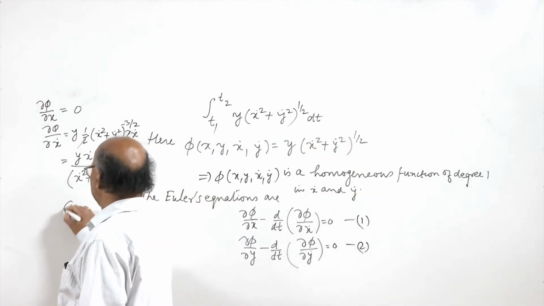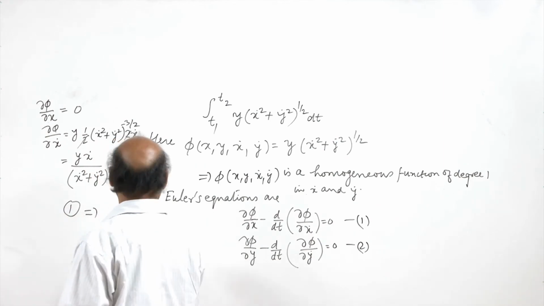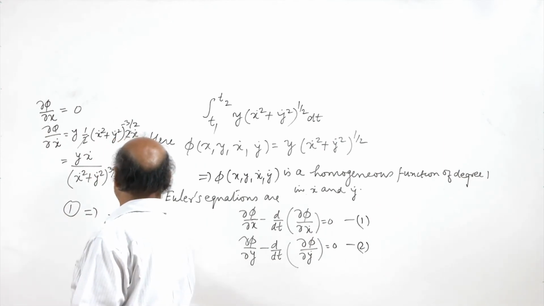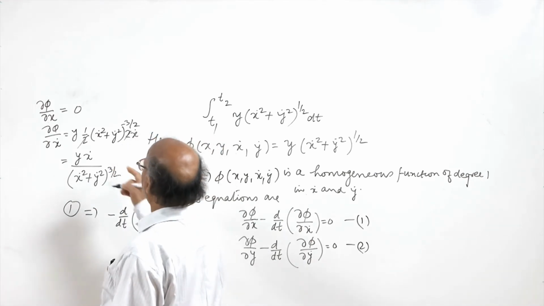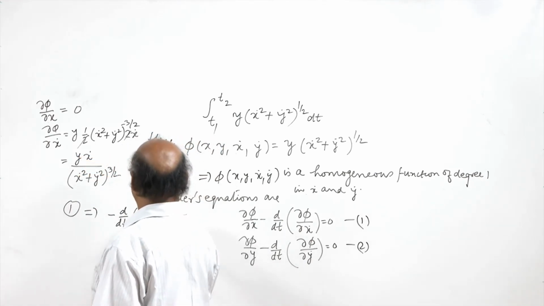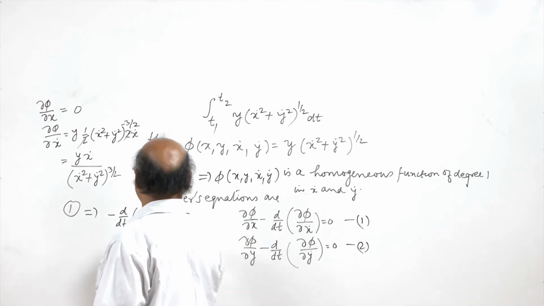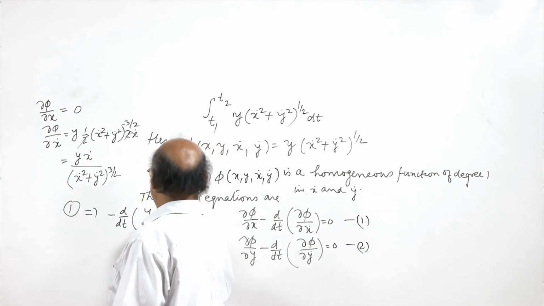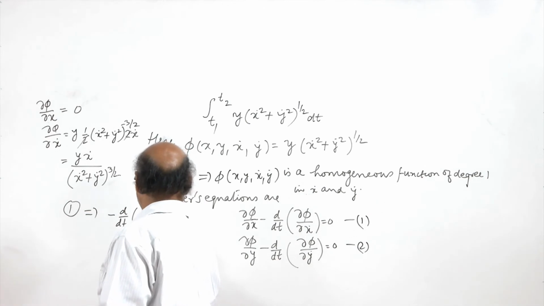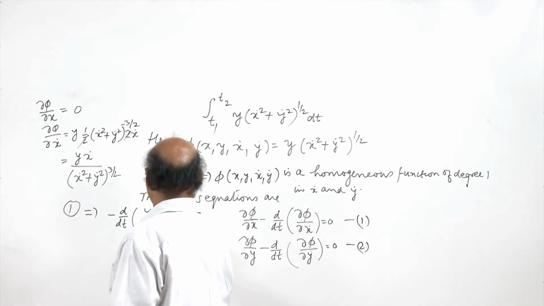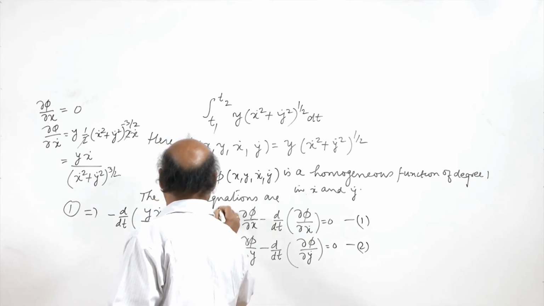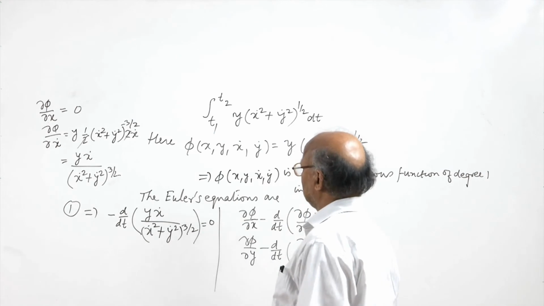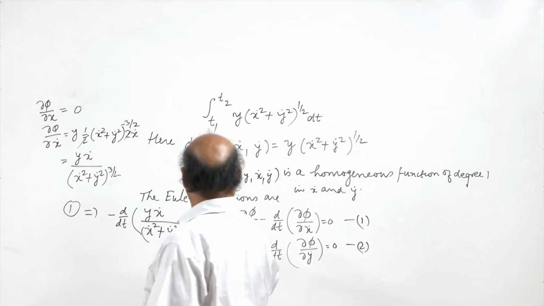The first Euler's equation gives us minus d over dt of (delta phi over delta x dot), so y x dot divided by (x dot square plus y dot square) raised to the power 3 by 2 equal to 0, okay, because this is 0.